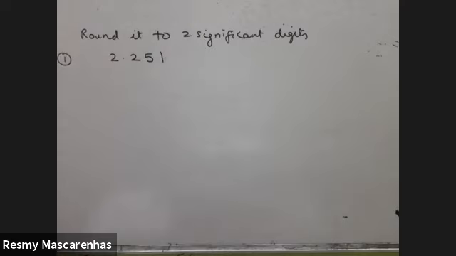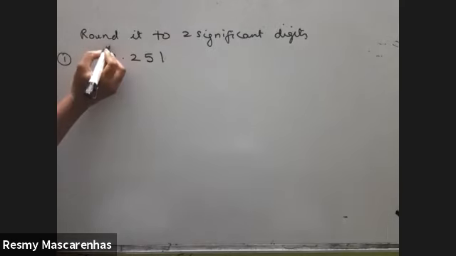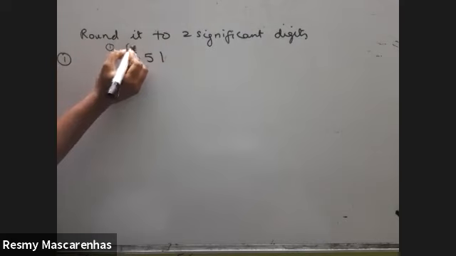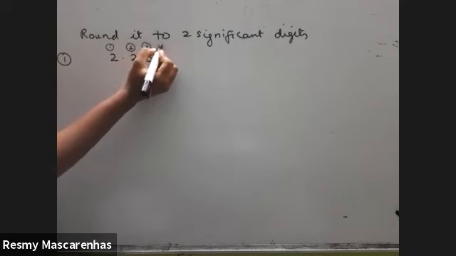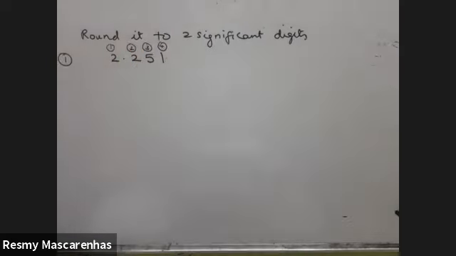This is slightly different. Now we'll name the digits: this is the first digit, second digit, third digit, and this is the fourth digit, so that when I give you the rules, you understand what exactly they mean.